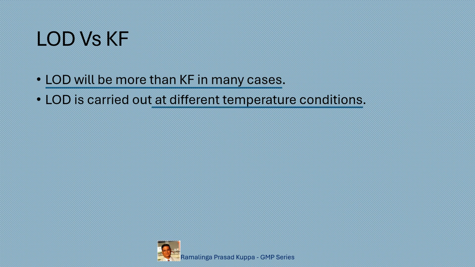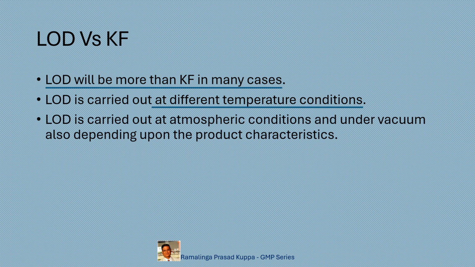Depending upon the boiling point of the residual solvent, the temperature for LOD will be assigned. It may be 60 degrees Celsius or 80 degrees Celsius or 105 degrees Celsius, etc. LOD is carried out at atmospheric conditions and under vacuum, also depending upon the product characteristics.